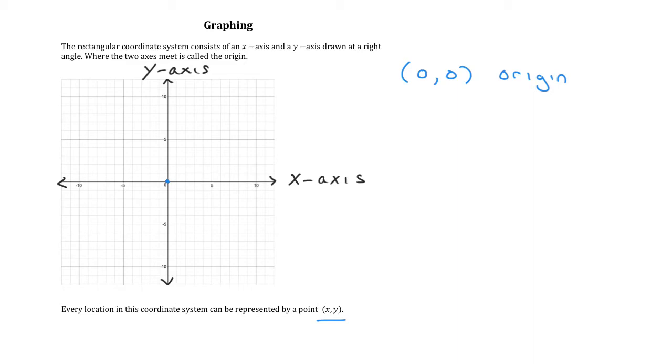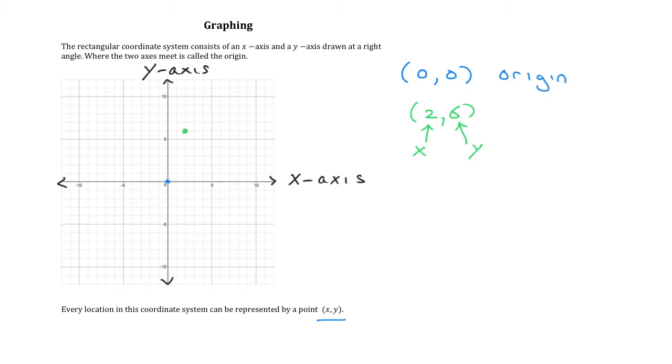If we wanted to plot the point, let's say (2, 6), this 2 represents where you go on the x-axis, and this 6 represents where you go on the y-axis. So starting from your origin, you go 2 places to the right, and then up 6 places to this spot here. That is the point (2, 6), and I'll mark it with a circle.